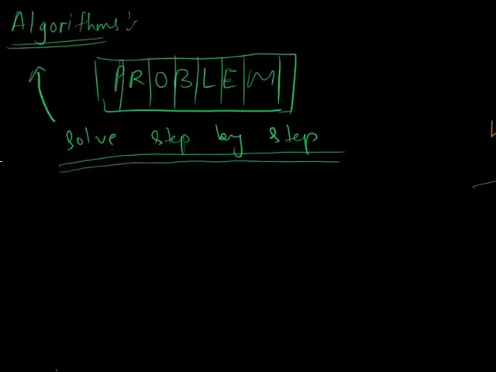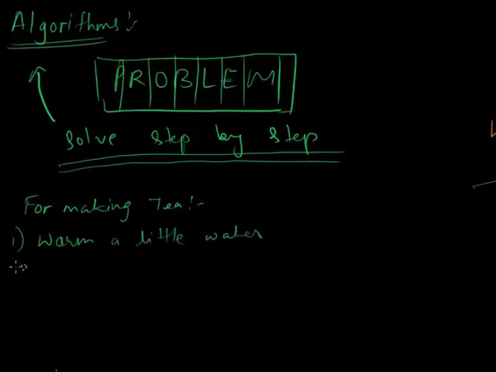We do follow algorithms in our real life too. For example, let's take an example of making tea. There is an algorithm for making tea, right? First is warm a little water, right? For making tea you need water. The second step is you add sugar into that little water.